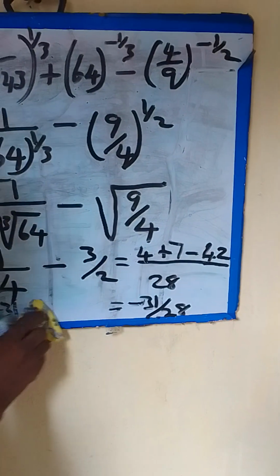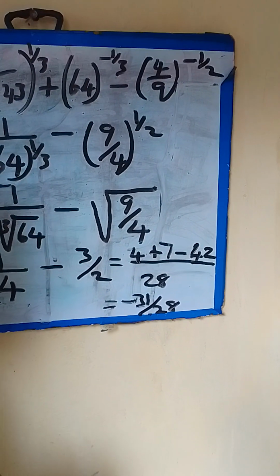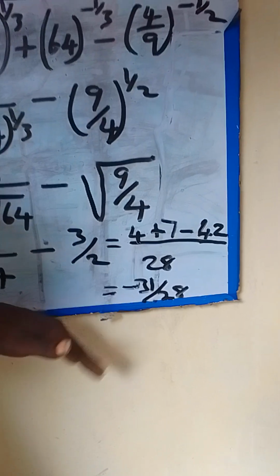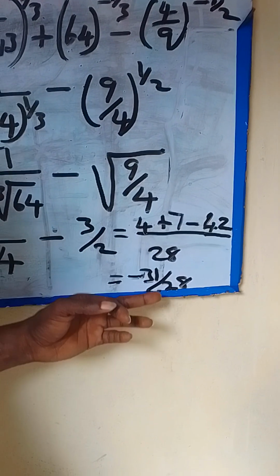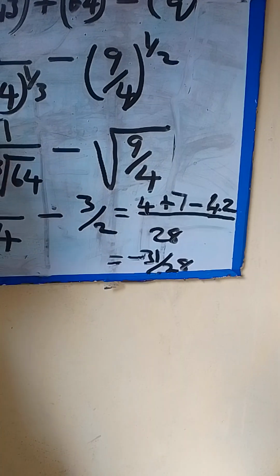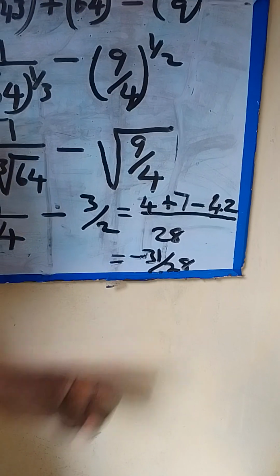So you can see that from our problem here, the numerator is bigger than the denominator, and no number can divide 31 and also go into 28.